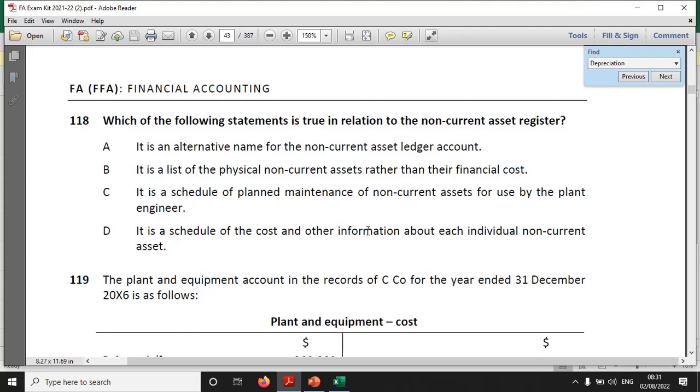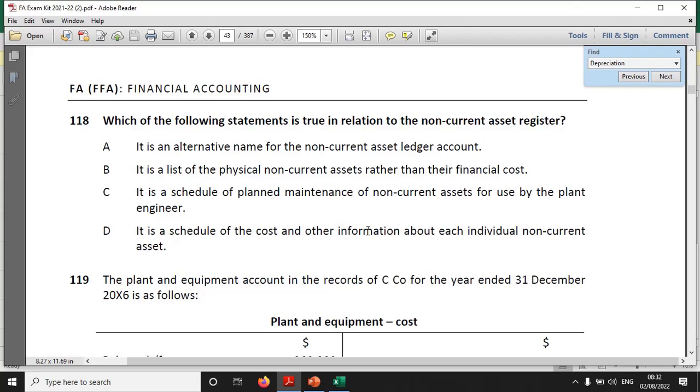This also does not sound good, because we also include the cost of these assets. We don't just describe them by name. We also include the numbers. C says it is a schedule of planned maintenance of non-current assets for use by the plant engineer, not the accountant.